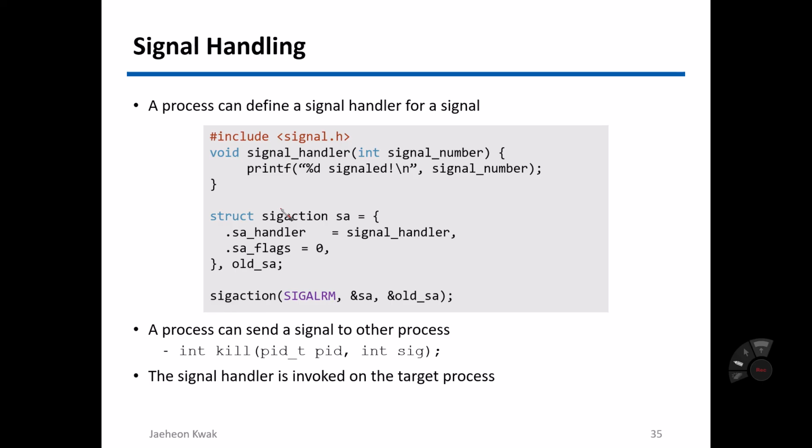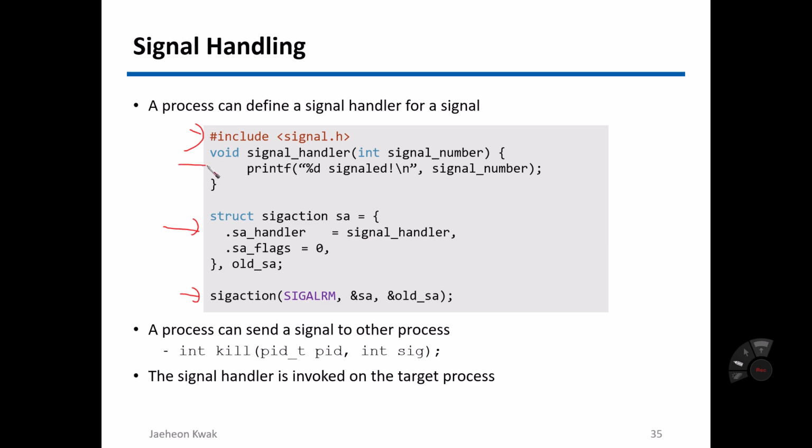Every process has a default signal handler, and we can add our custom signal handler to our program. By using this header, this struct and this function, we can have our custom signal handler.